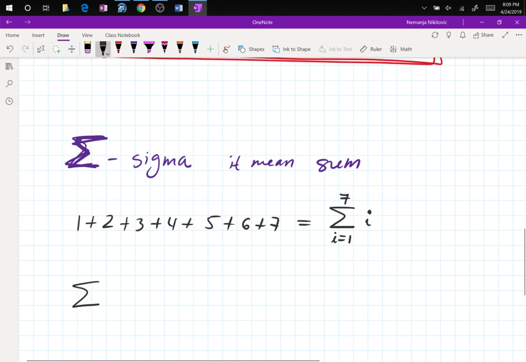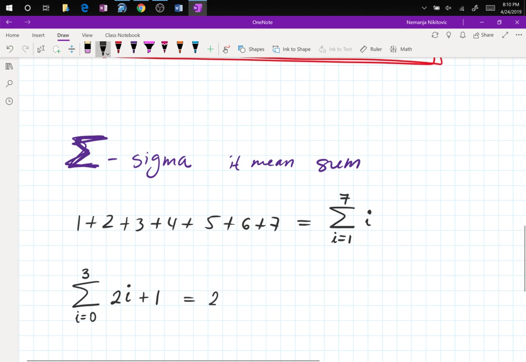Can I have summation of 2i plus 1? I starts at 0 and goes to 3. Sure, I just have to work out all of these 4 digits, right? It's a counter. Start at 0, 1, 2, 3. You have to end on top number.